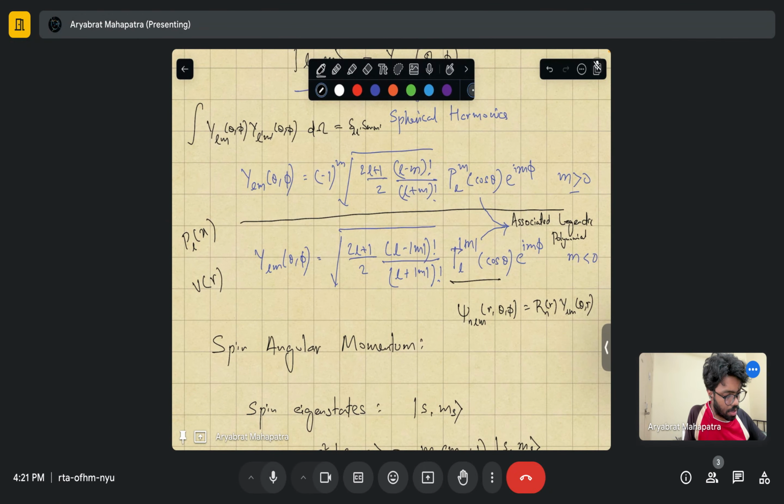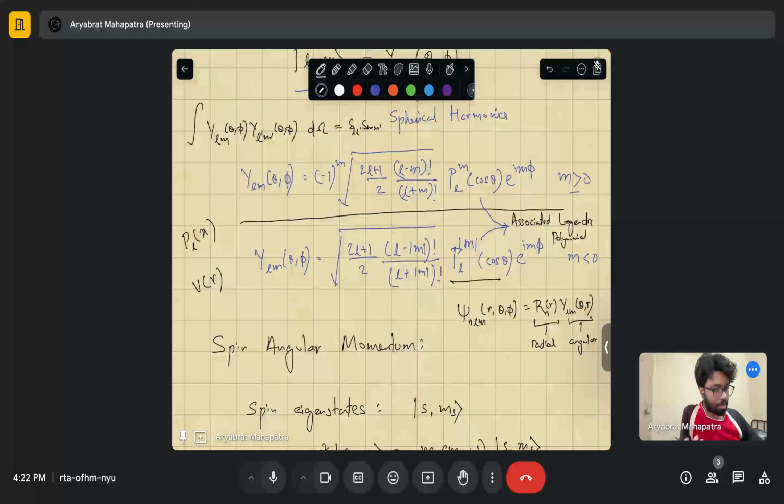This is the radial part of your system, and this is your angular part. This is a radial eigenfunction, and this is your angular eigenfunction. The angular eigenfunction is the eigenfunction of angular momentum, and that is how you solve for your hydrogen atom system.